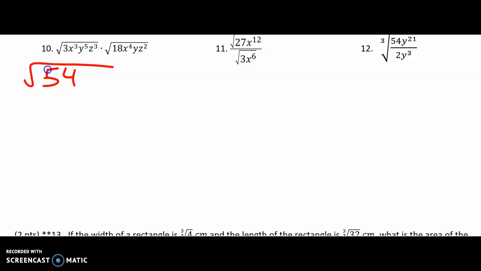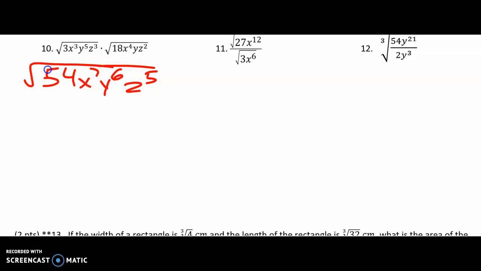54. And then I add my exponents: 7, 6, and 5. Now I have to break down that 54. What multiplies into 54? One of them has to be a perfect square. Maybe 16?